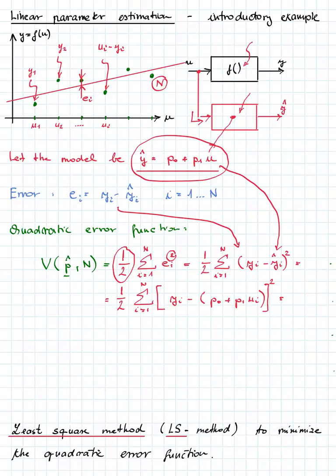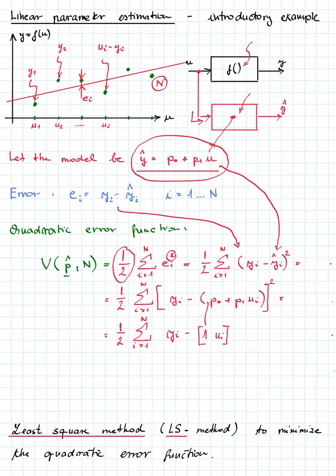Now this is only valid for this very simple linear model, but I would like to generalize it. That's why we need the next step for the generalization. The half of the error: y index i minus, I am going to pull out the inputs, 1 and ui, into a row vector.